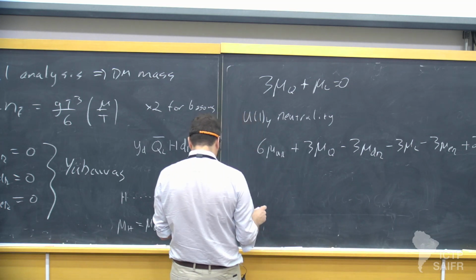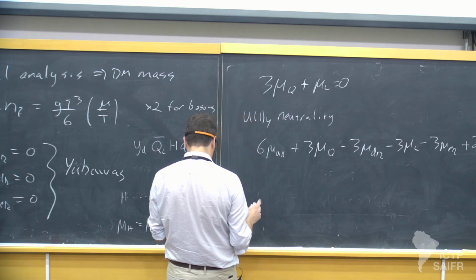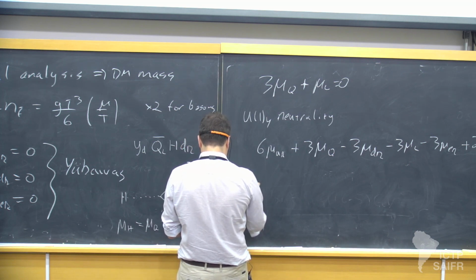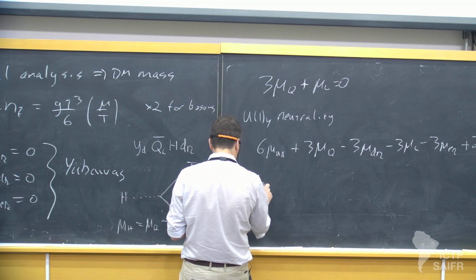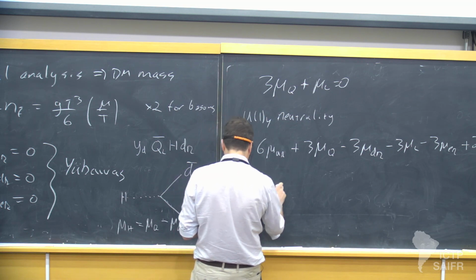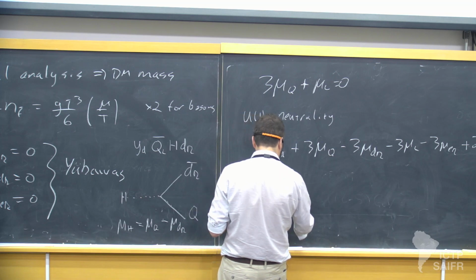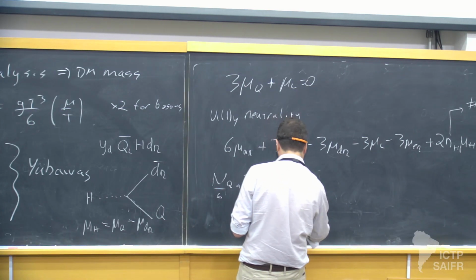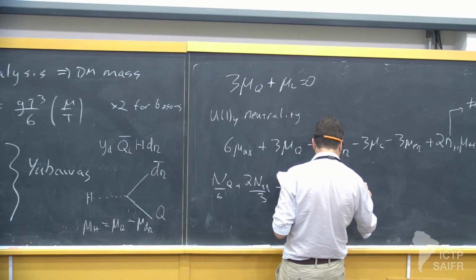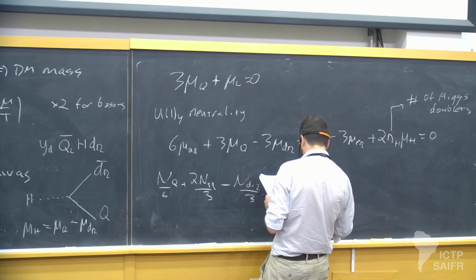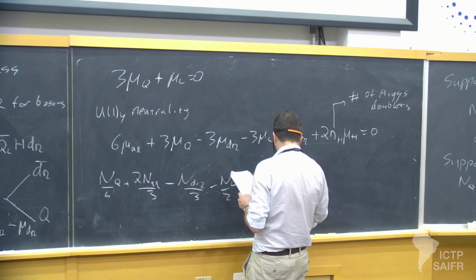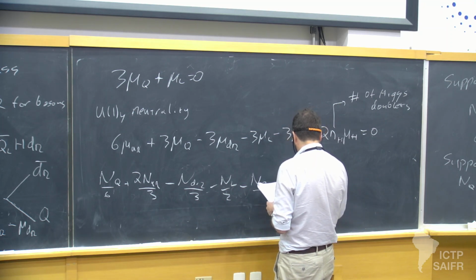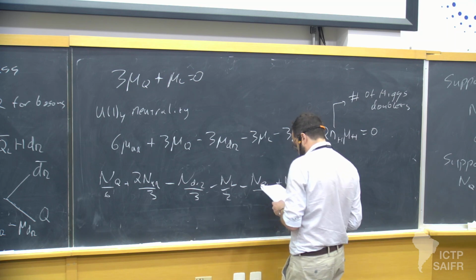So that gives us the relation that N_Q on 6 plus 2 N_UR on 3 minus N_DR on 3 minus N_L on 2 minus N_ER on 1 plus N_H on 2 equals 0. So these are just like the numbers appearing weighted by the hypercharge.